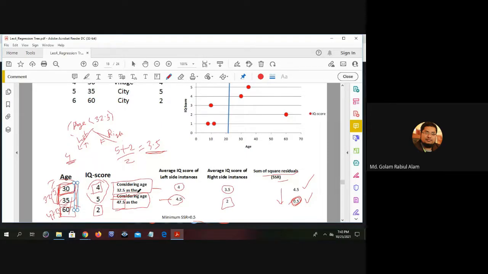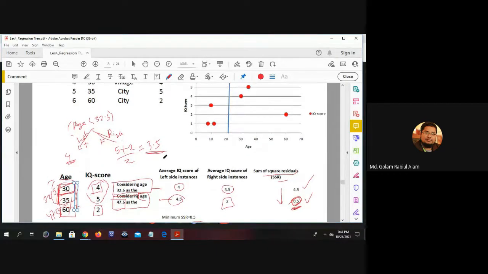So for age, we have to consider 47.5 as the separator for minimum sum of square residuals and minimum error.